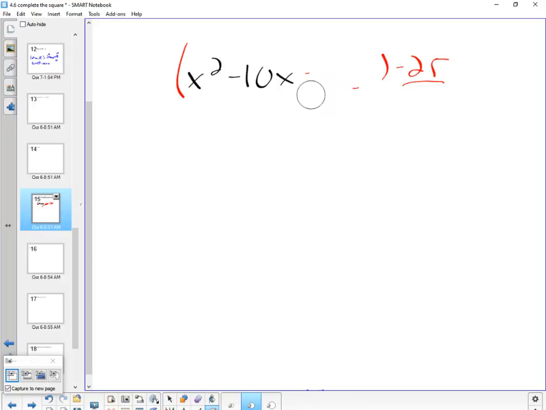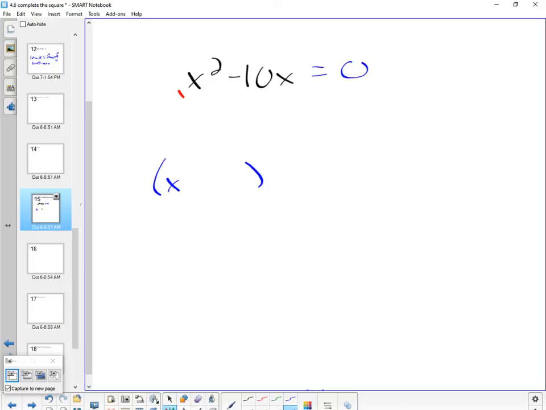So now I can do half of that. Negative 5 squared is 25. Add 25 on the other side. And then I see my 25 here. Once I bring it over, you see that minus 25 again. Negative 25. So you just do the opposite of what's in the little parentheses thing. Kind of, yeah.